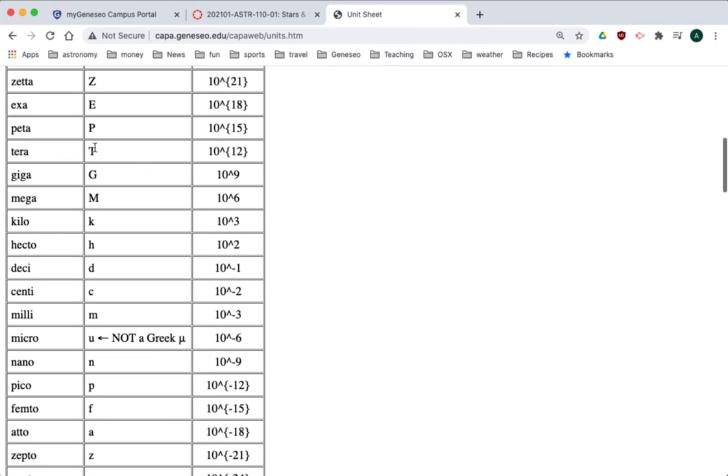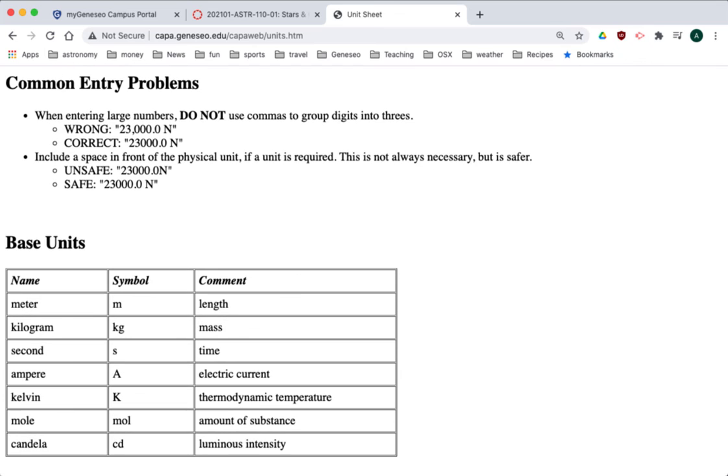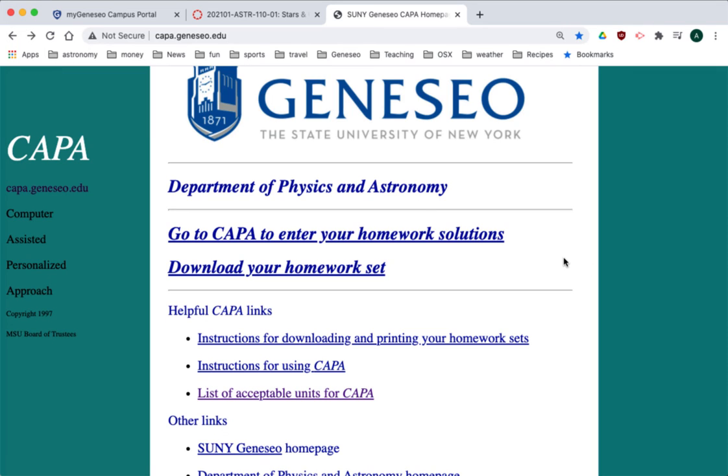You can put one of these prefixes in front of a unit, and that means, nano means times 10 to the minus 9. Milli means times 10 to the minus 6. Micro, which is a U and not a mu, means 10 to the minus 6. So that is useful also. I think that's all I need to tell you for the CAPA system.